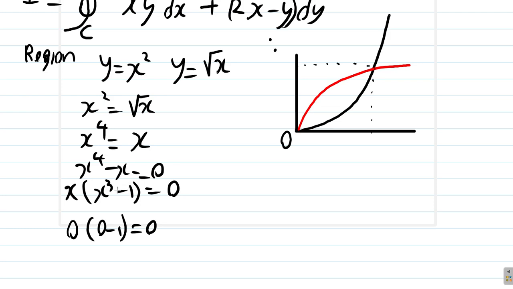Well, how do you make x cubed minus 1 equal 0? Because one of them must be 0 to make the answer 0.